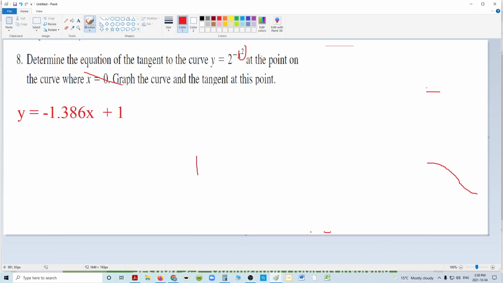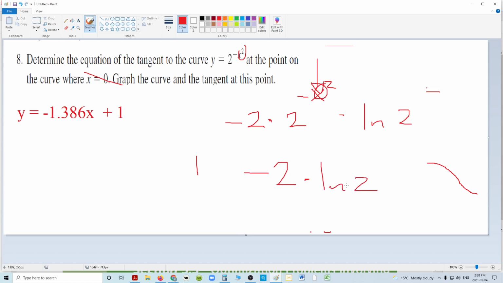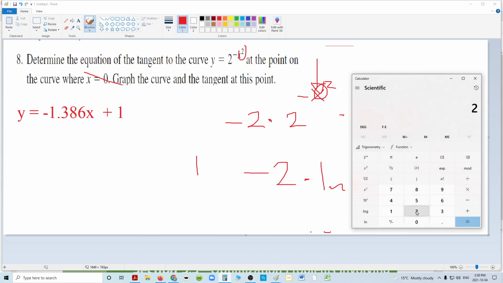So the derivative of this is minus 2 times the derivative of itself times ln of 2. When x is 0, this is 0, this is 1. So it should be minus 2 times the ln of 2. Yeah, it still comes up with a slope.